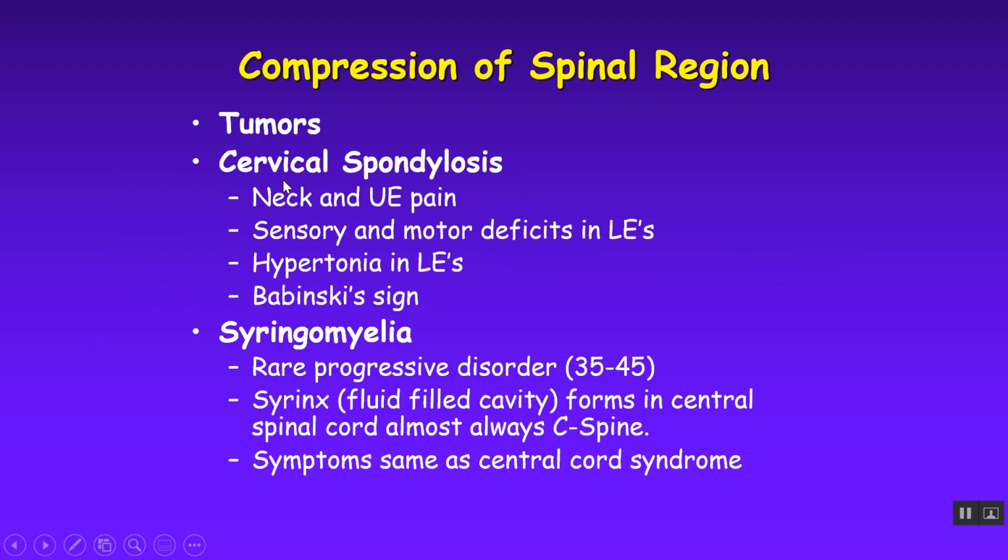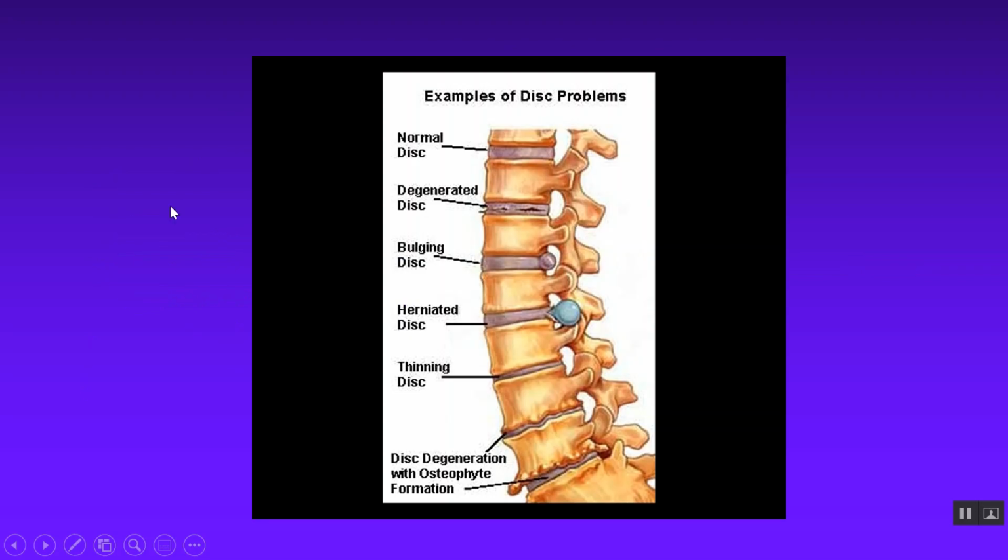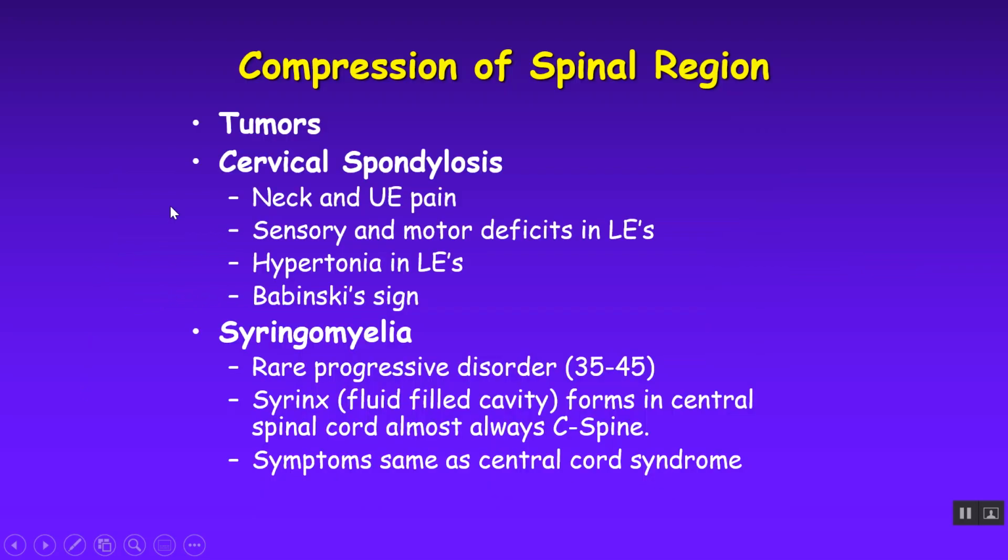Compression of the spinal region, anything that puts pressure inside the spinal region, can be a problem. Any kind of tumor takes up space, and you only have a limited amount of space in there. Cervical spondylosis is where you get narrowing of the central canal. You get neck and upper extremity pain. It can be the central canal or the foramina.